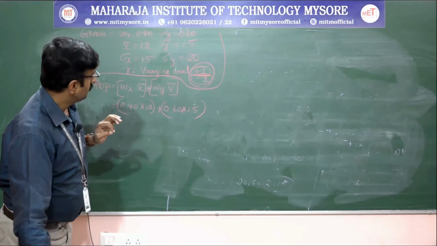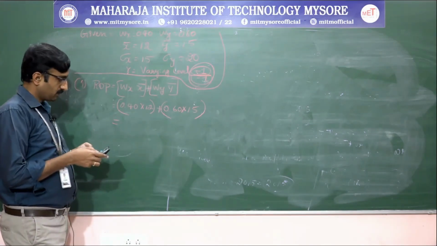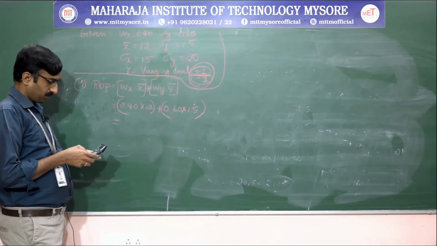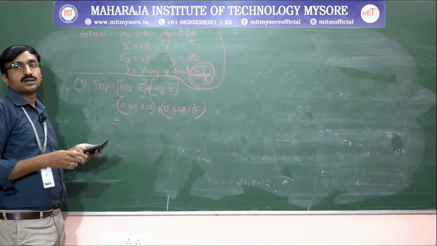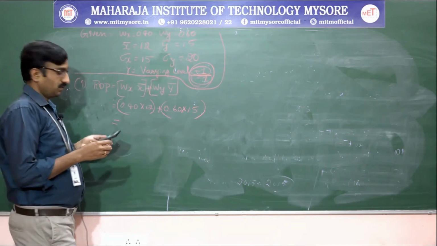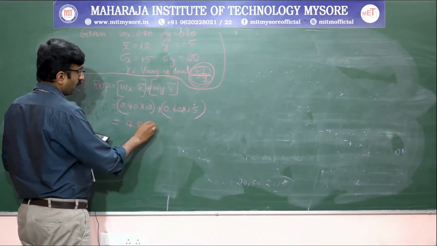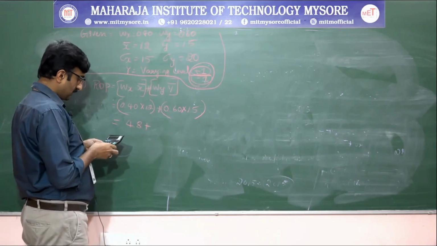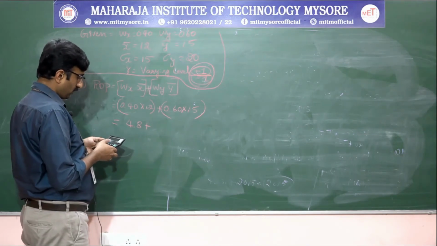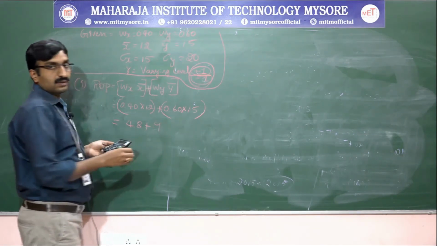Calculate the weight of x into x bar, we will get 4.8. Then 0.60 into 15 you will get 9.